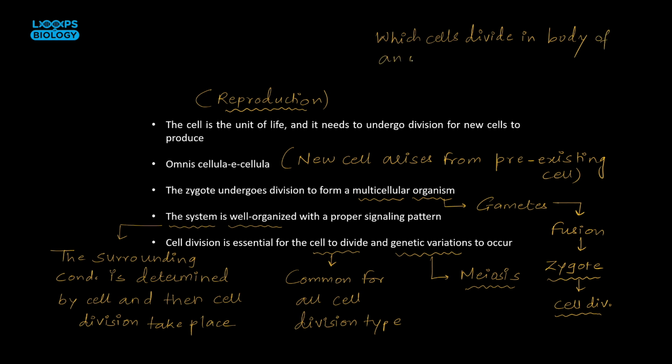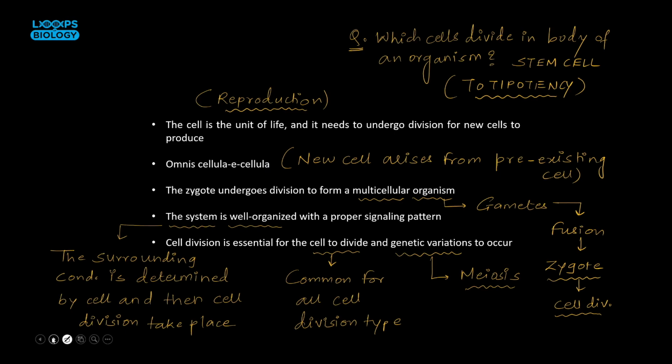There is only a single type of cell which is going to divide inside a body, and that cell is called as stem cell, which has property of totipotency, that is tendency to divide and differentiate into a specialized cell.